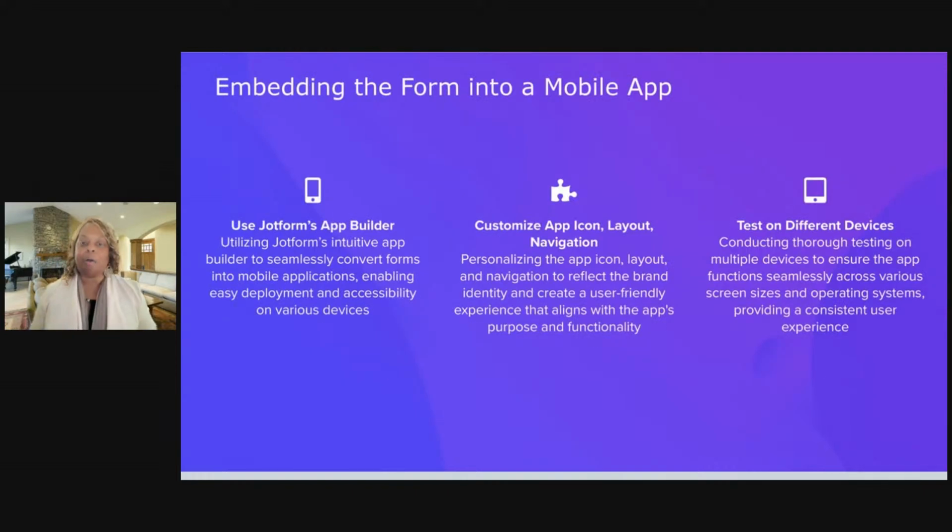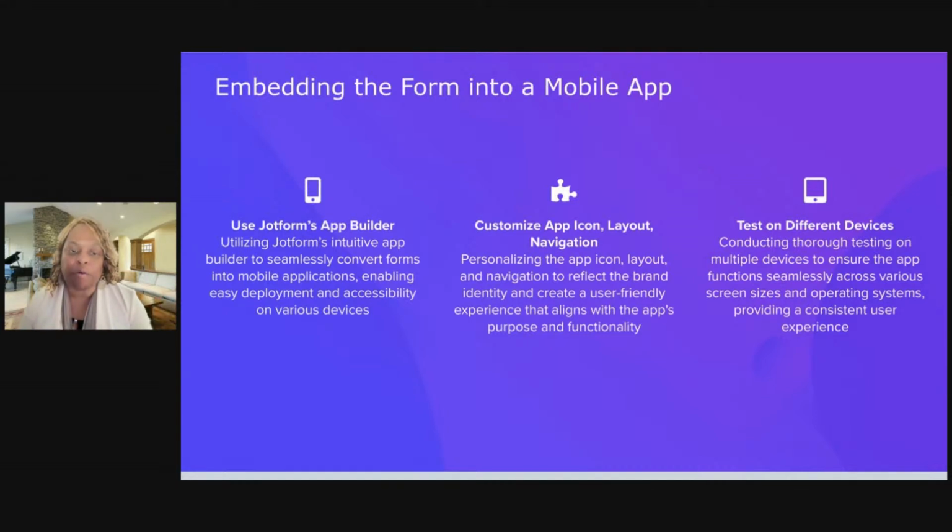So how would a form be embedded into a mobile app? Well, we're going to go to Jotform in just a second and I'll show you. But the one thing that you'll have to do is use the Jotform app builder to actually build out the app. Okay. And then inside the app, it has the ability for you to add forms.